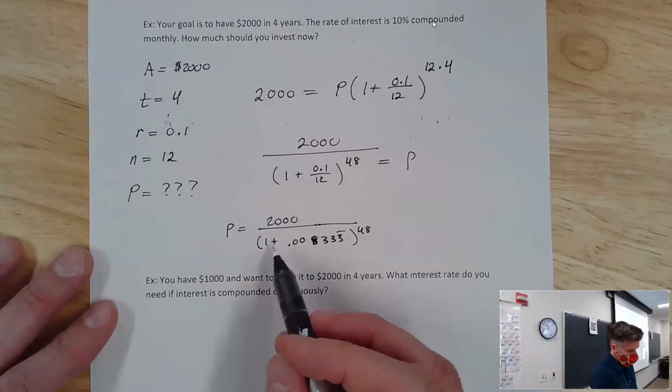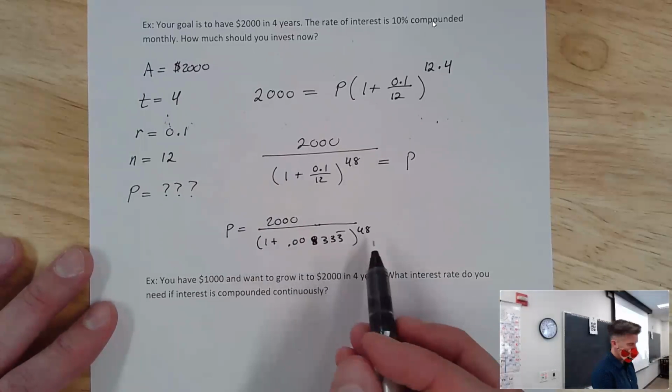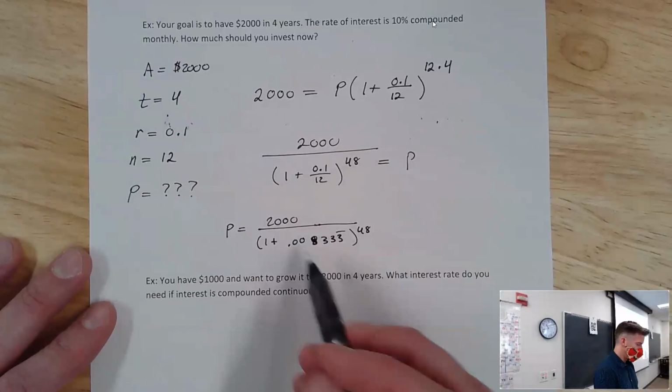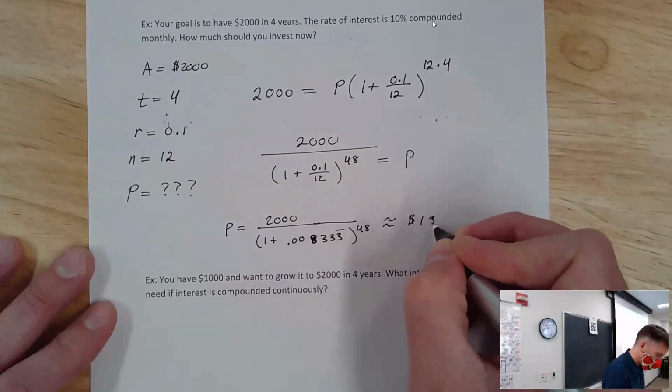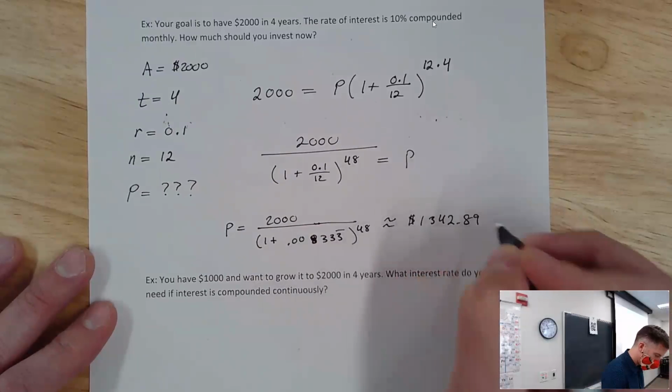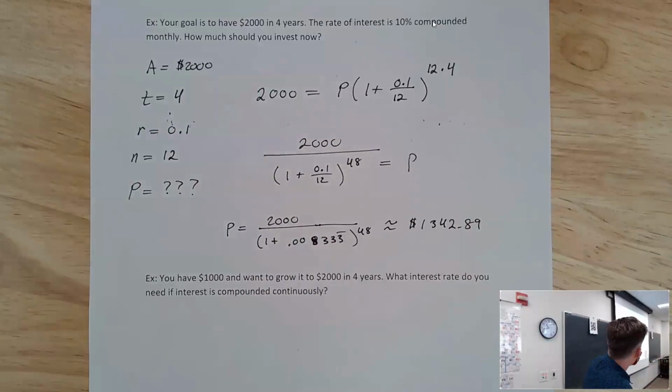So you raise it to the 48th power, and then you do 2000 divided by that, and you get about $1,342.89. That's how much principal or investment we have to start with, so that in 4 years, earning 10% interest compounded monthly, we would have $2,000.